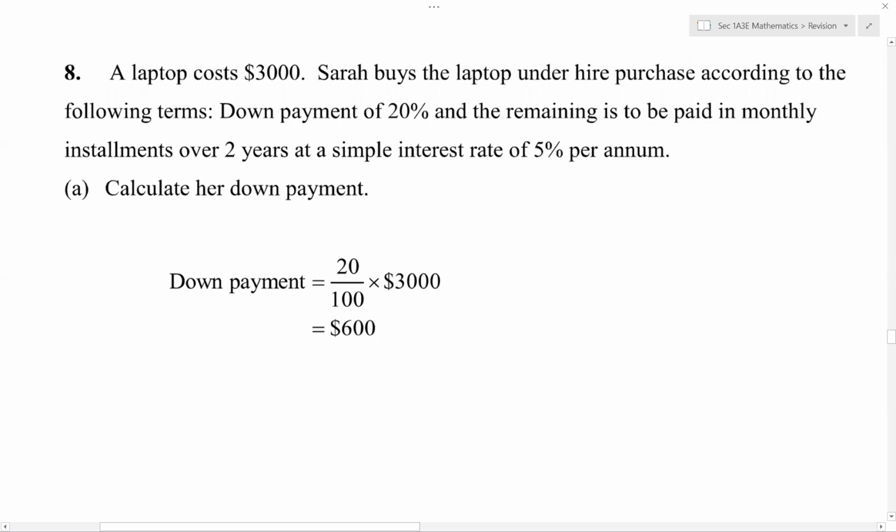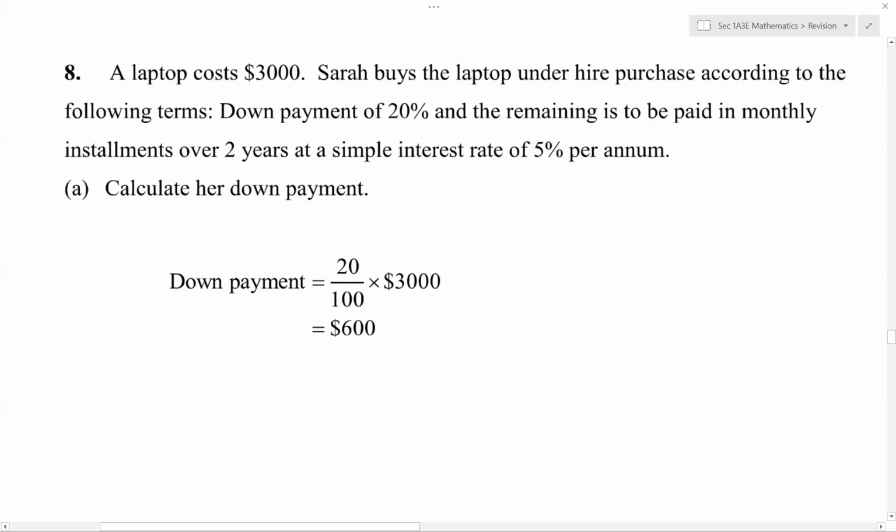I equals P R T over 100. This, memorize. Memorize it. This is already in your books. I is for simple interest, where P is our principal, which is the original amount, loan or deposit, depending on the scenario.